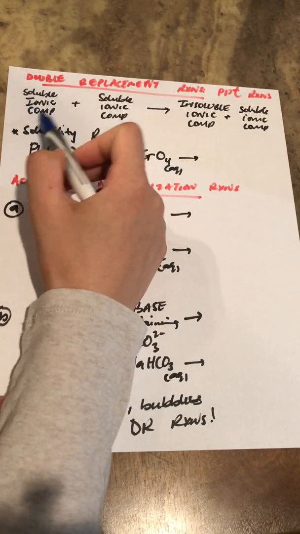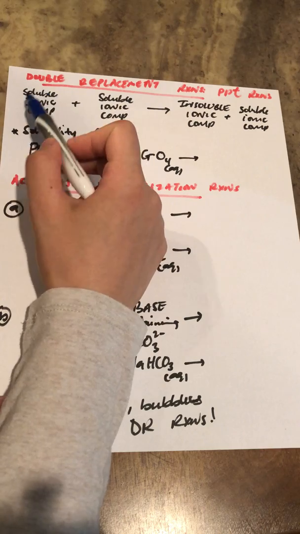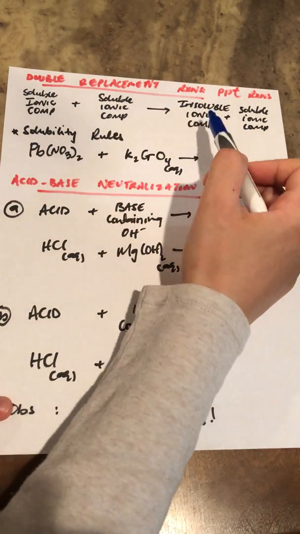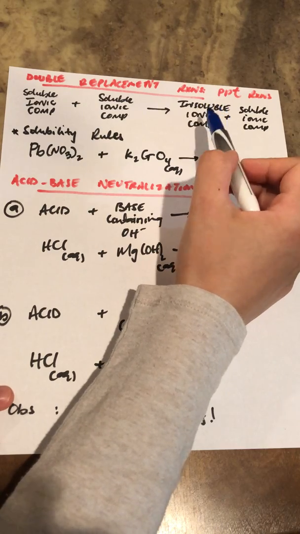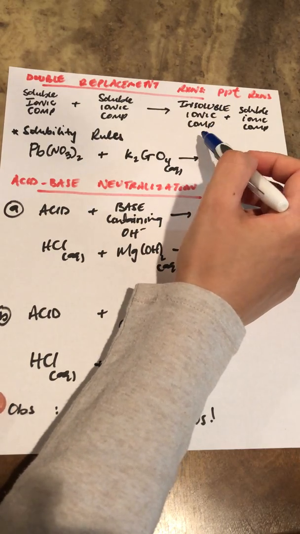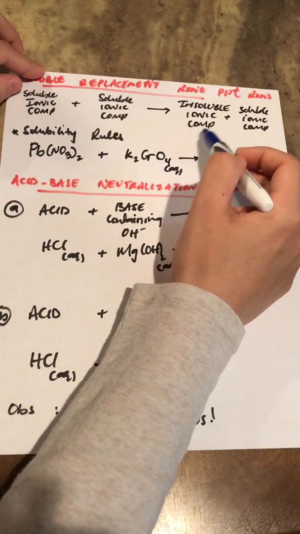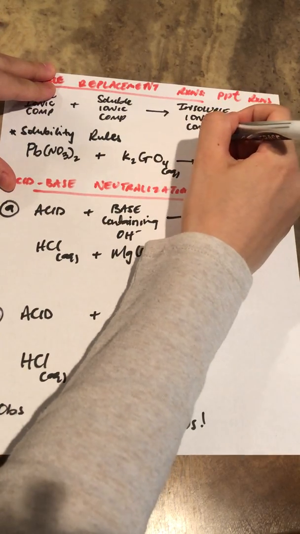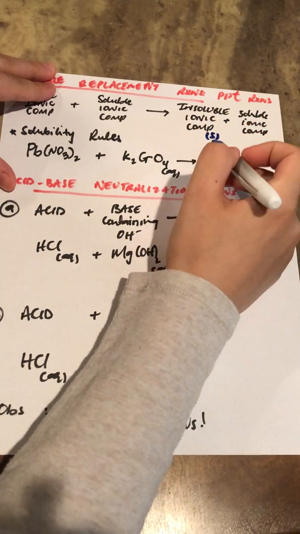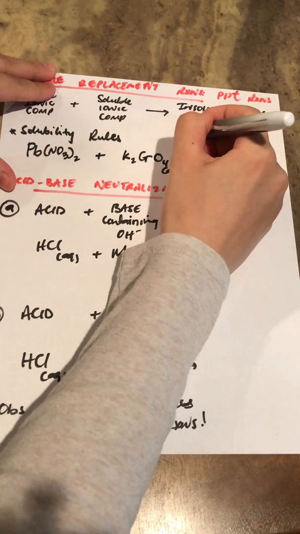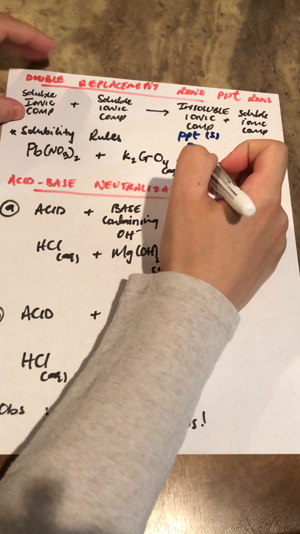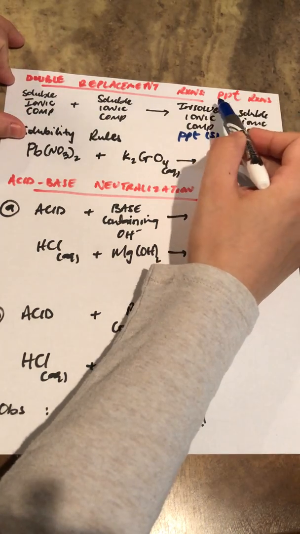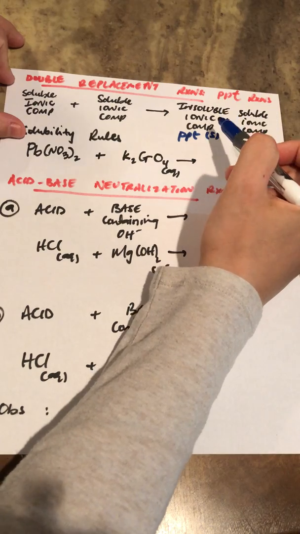Now we typically have over here a soluble ionic compound reacting with another soluble ionic compound, producing an insoluble ionic compound. Now, whenever we're producing an insoluble ionic compound, this insoluble ionic compound is going to be the solid precipitate. This is why we actually name double replacement reactions as also PPT reactions or precipitation reactions.